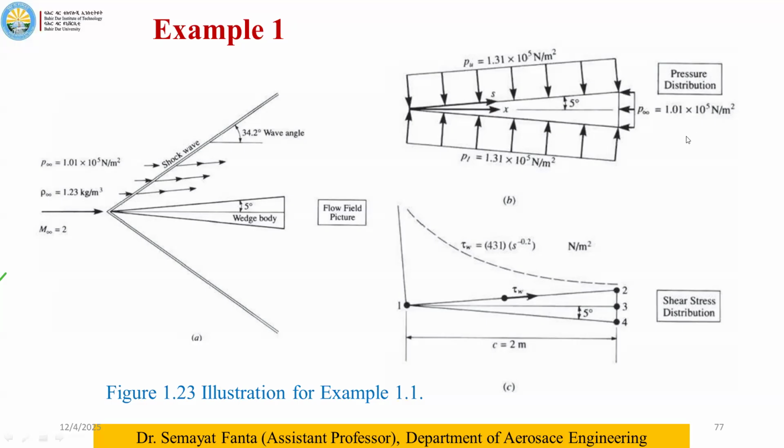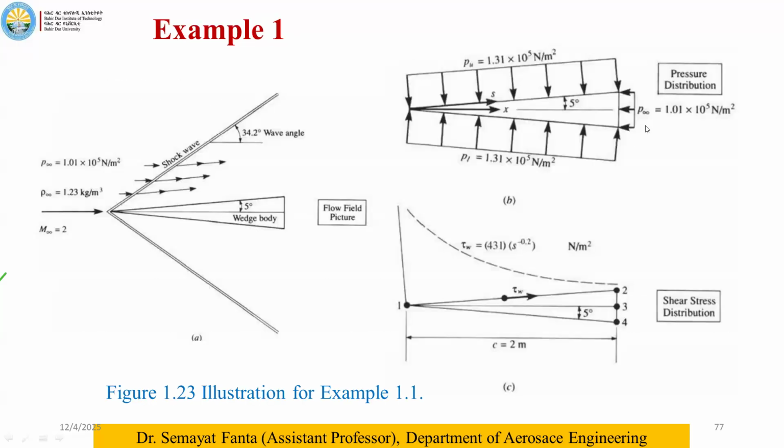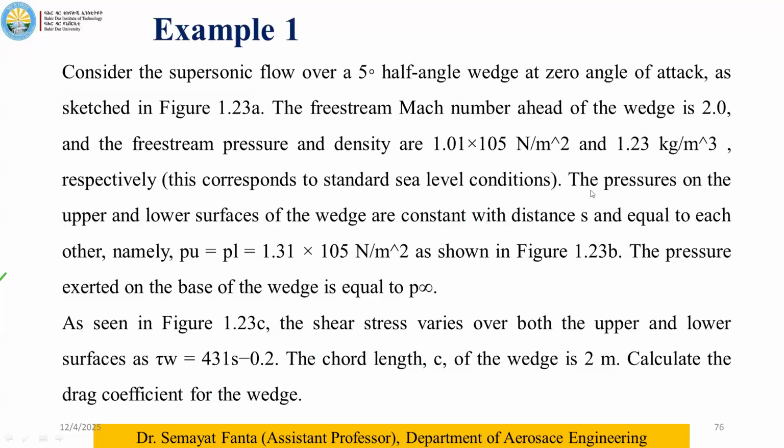As you know, it is 3 to 5 in the actual case, but here we simply use it as 101 times 10 raised to 5, that is the free stream pressure. Again, the free stream air density is 1.23 kilogram per meter cube. You see, this is the pressure, and the Mach is 2. These are given.